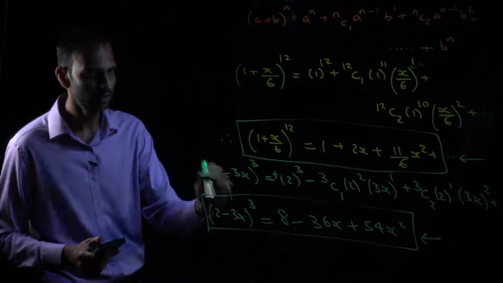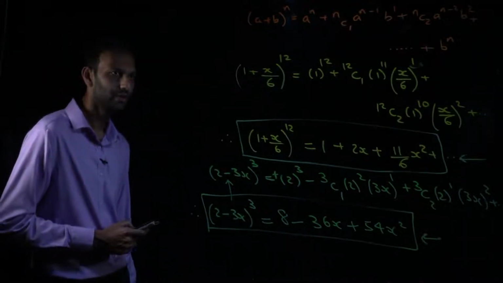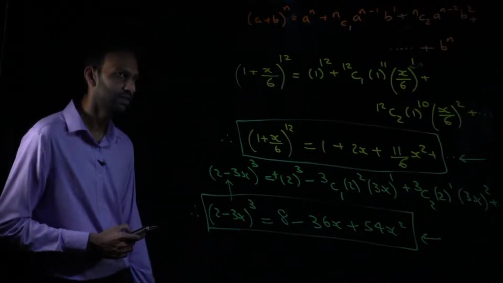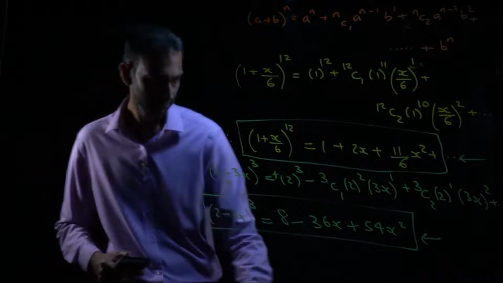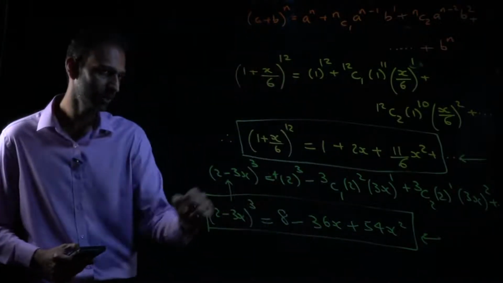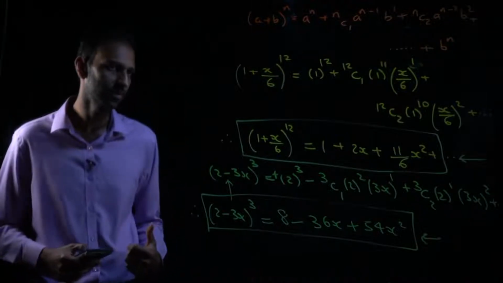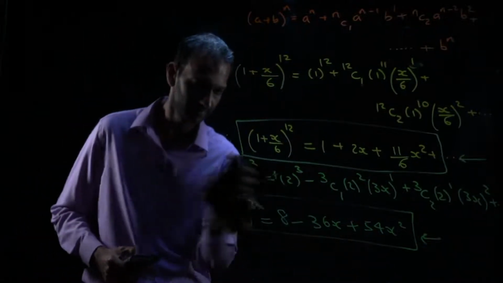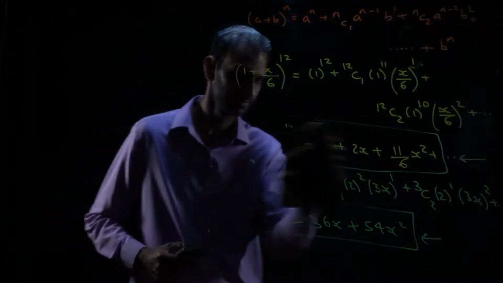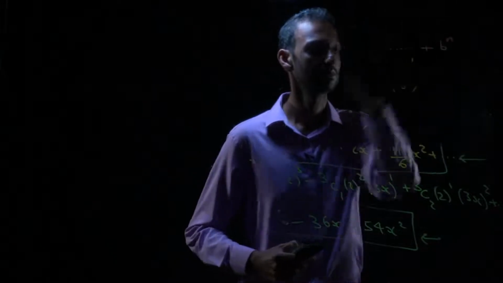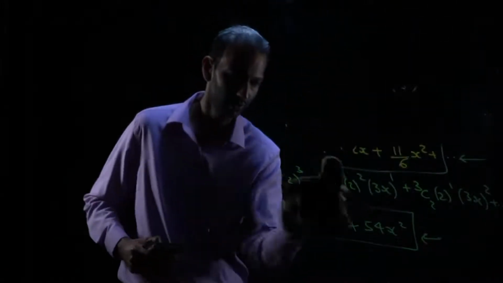So I'm going to erase the board so that we can do the binomial expansion when they are being multiplied now. So you can just note down these two expressions when you're doing the question at the same time with me. It's a lengthy one, so we need to erase so that we have space to do the calculation.